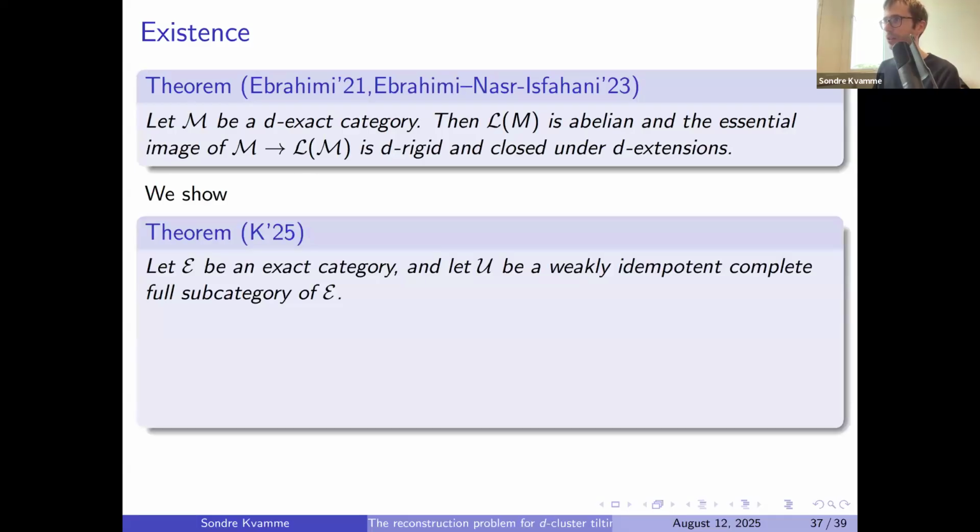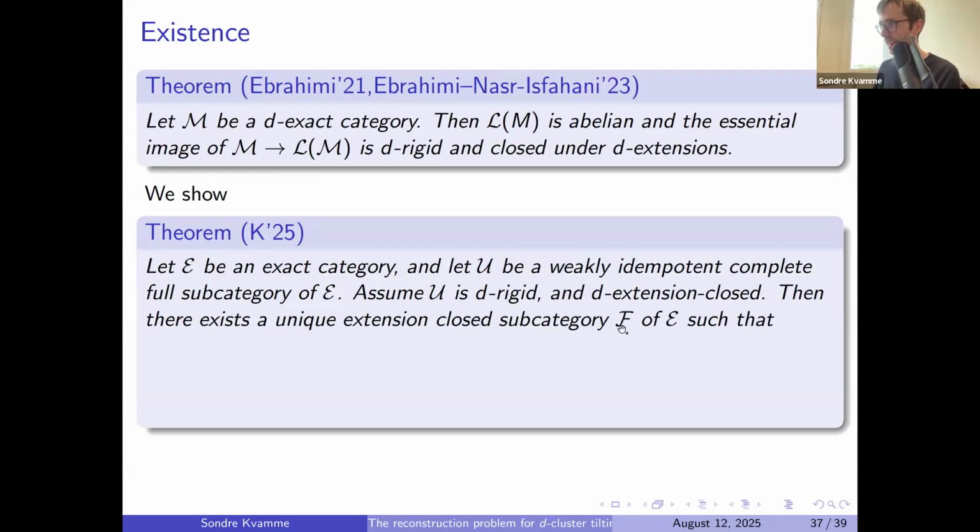And what I do in my work is to show that whenever you have an exact category and a weakly idempotent complete subcategory of it, which is d-rigid and d-extension closed, so basically satisfies the assumptions in this theorem they have, then you can find a unique extension closed subcategory of your exact category such that, so now you have three things.